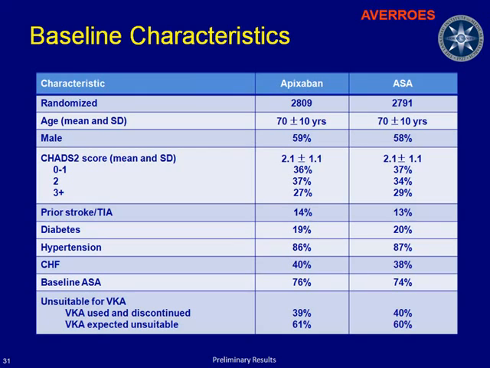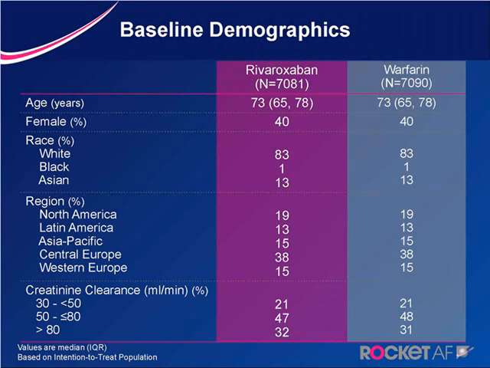One of the major challenges in all these trials, in the next slide, is to keep the patients on their assigned medication. And this is true of all the trials currently, that about 20 to 23% of patients are permanently withdrawn from their assigned medication. This slide shows data from the RE-LY trial.